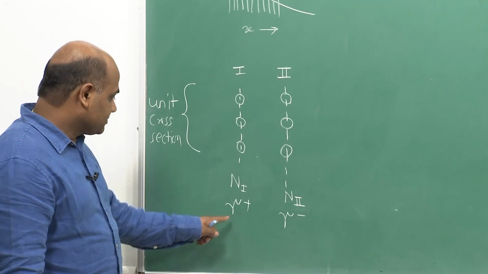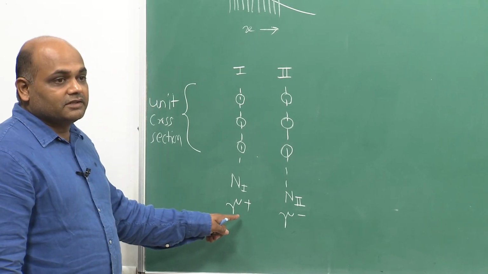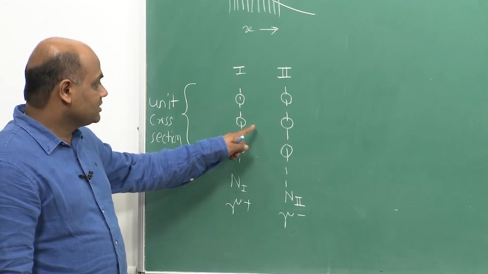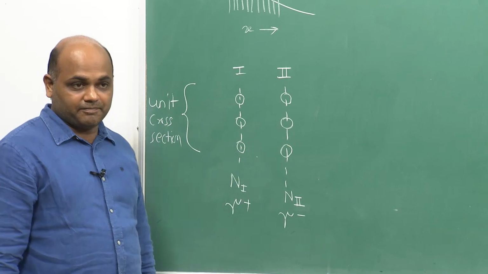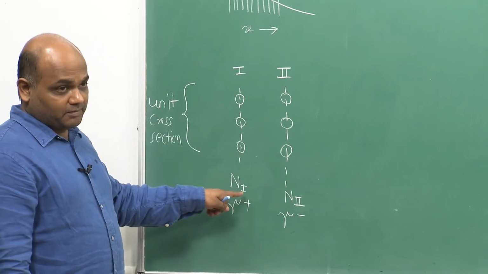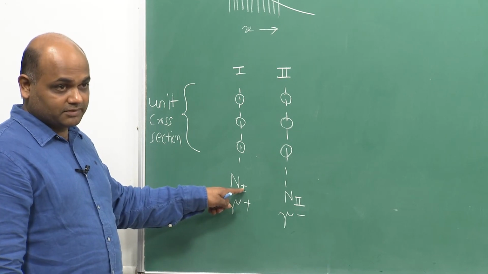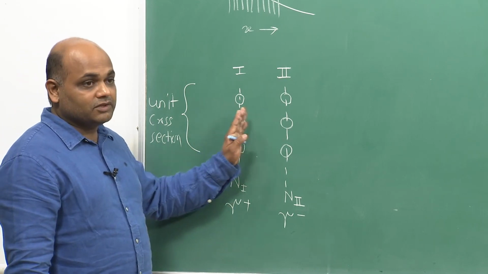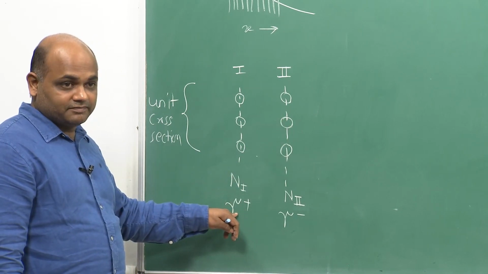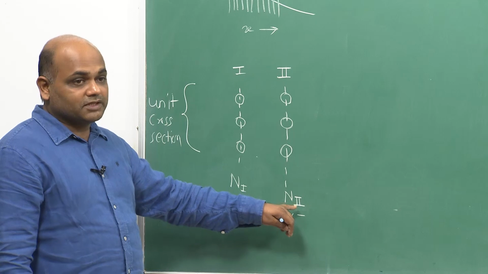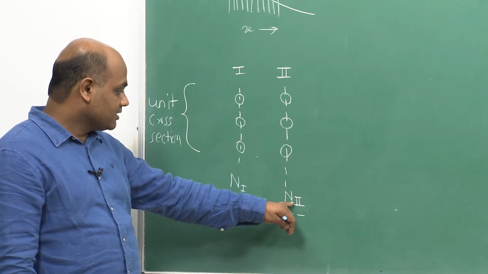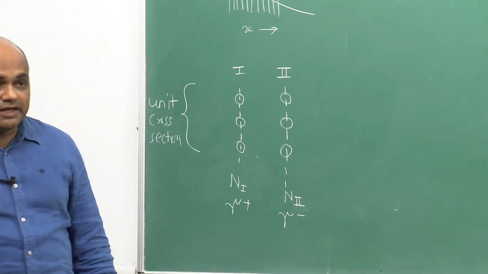So, gamma plus is basically the number of times an atom from plane 1 can jump into plane 2 per unit time. So, if there are n1 atoms, the total number of jumps that can occur from plane 1 to plane 2 are n1 times gamma plus. Similarly, the total number of jumps that can occur from plane 2 to plane 1 per unit time are n2 times gamma minus.